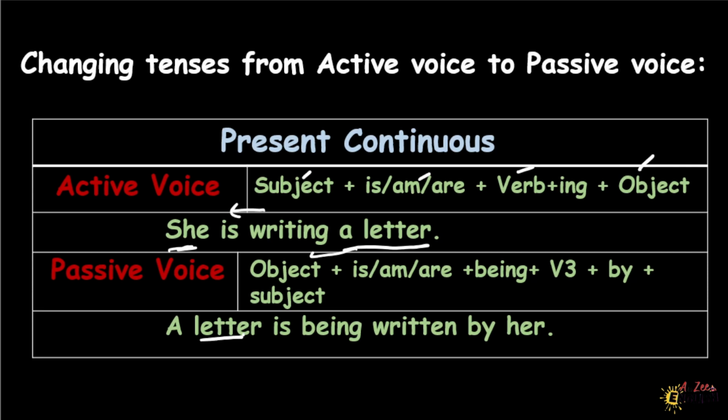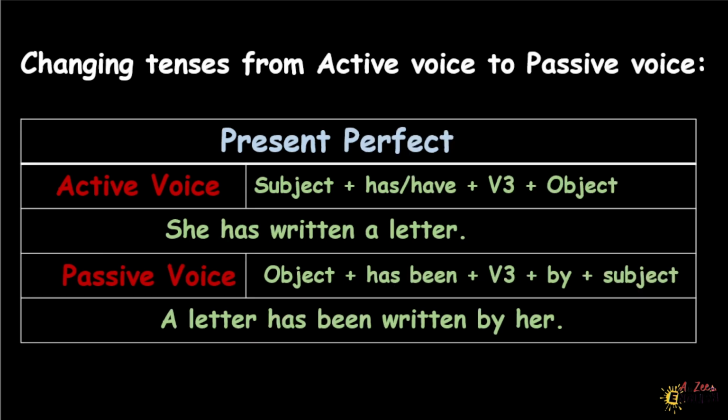A letter is singular, so we use is, so is being. Being V3. It is the third form of verb of write. Write plus ing. Write, wrote, written. So here we use the third form of verb, written by her. So this is the passive voice of present continuous tense.